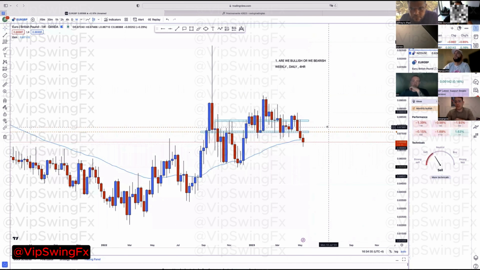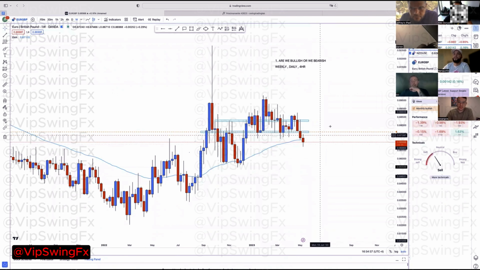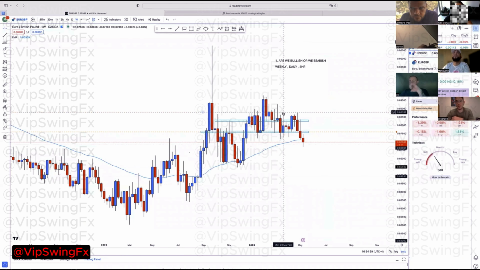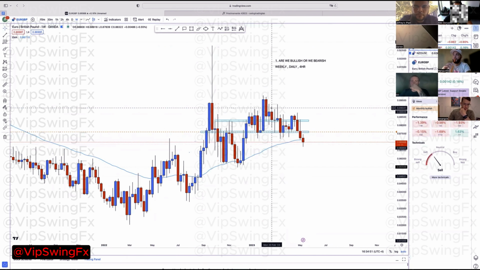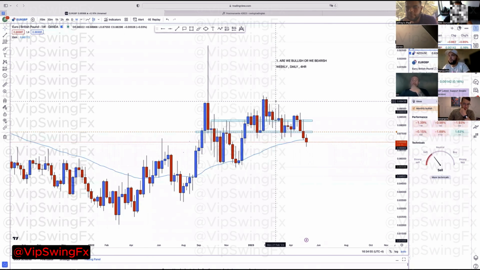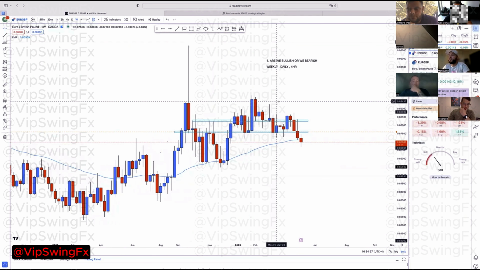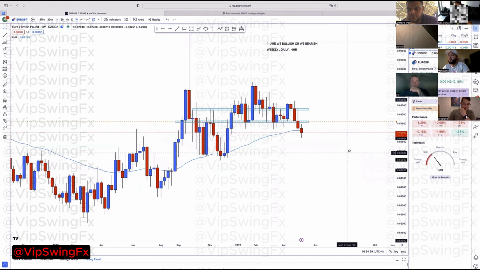Is this time frame bullish or bearish? Type 1 for bullish, type 2 for bearish. Like that would just be easier. 1 for bullish, 2 for bearish. Okay. I'd say about 90%, about 85%, right?